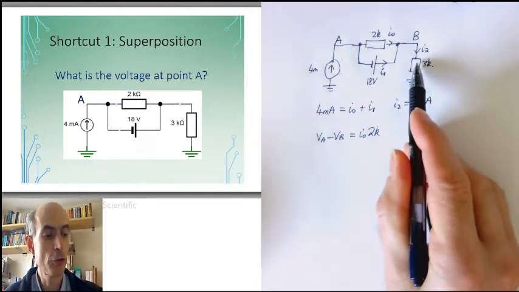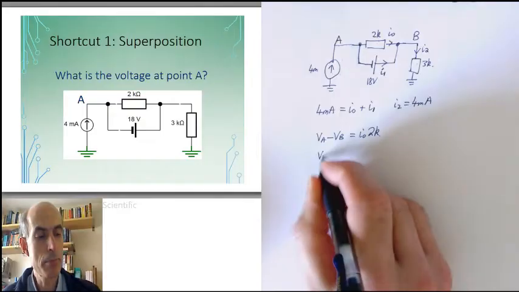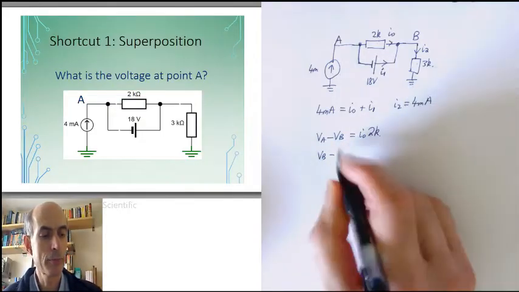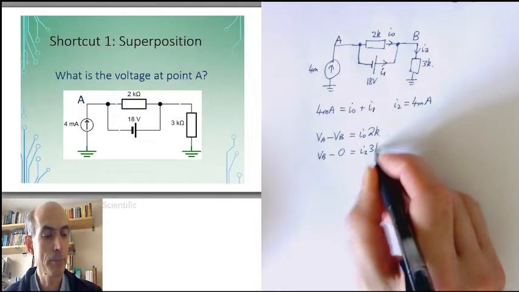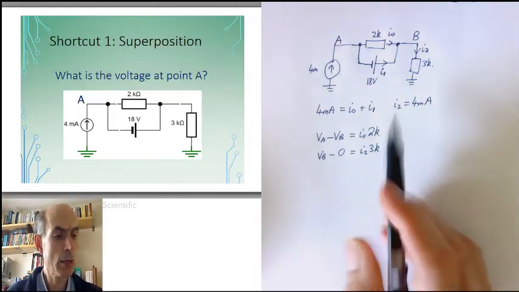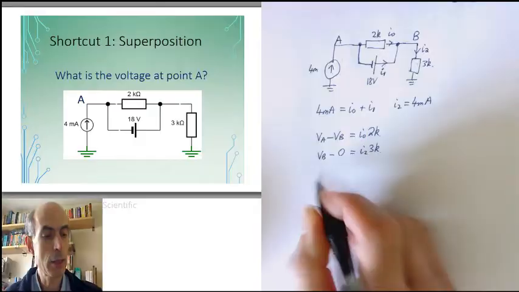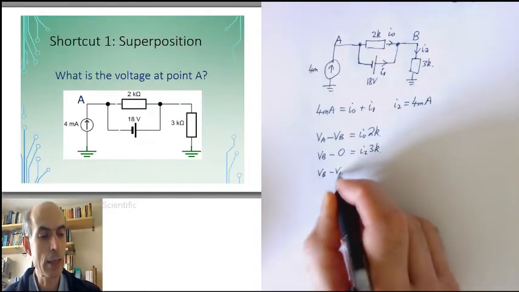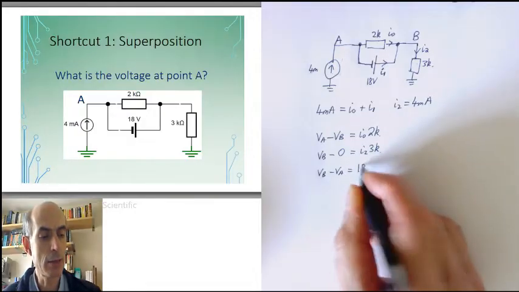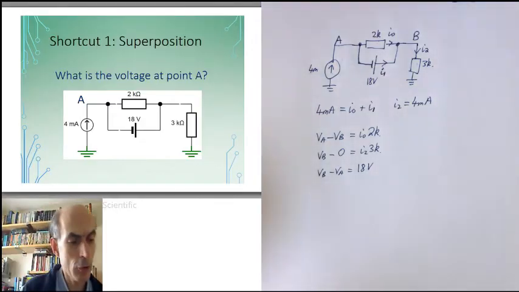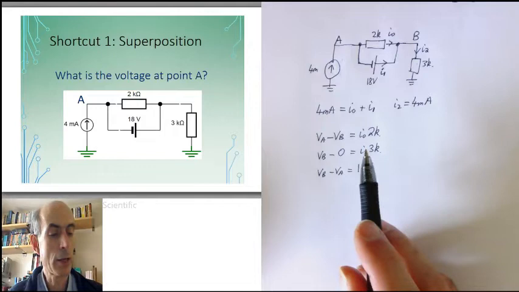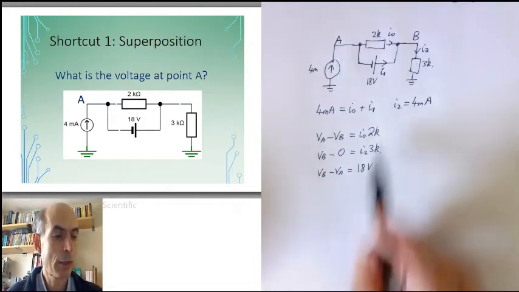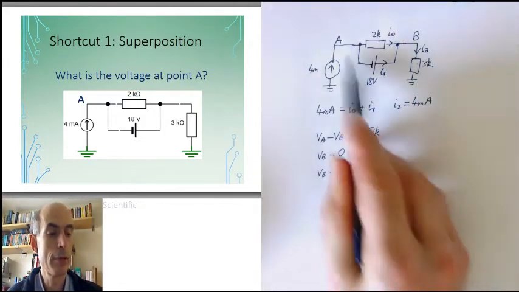And Ohm's law to this resistor, that would be VB minus 0, because that's ground, is I2 times 3K. And then this voltage source is telling me that VB minus VA is equal to 18 volts. And I've now got 5 equations in 5 unknowns: I0, I1, I2, VA, and VB.